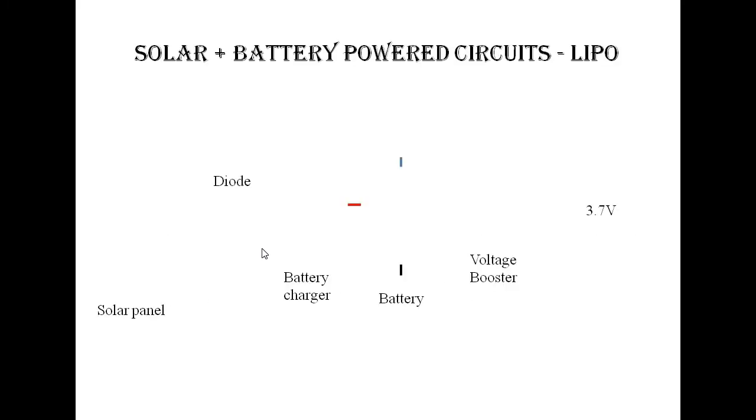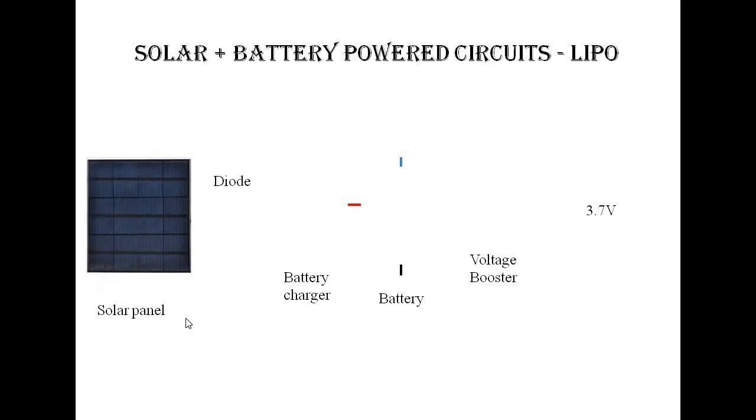After that, we discuss another application related to the solar system: solar as a regulated power supply source, which is used in Arduino and Wi-Fi modules. Okay, so let us discuss the solar with the battery powered circuit.